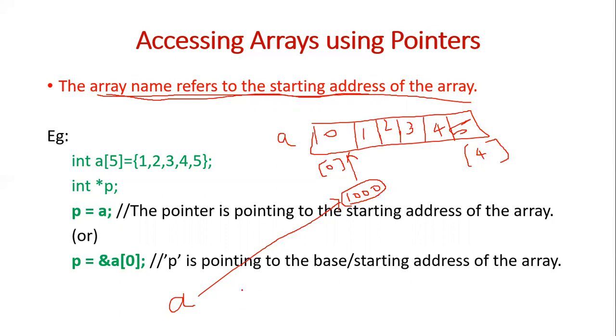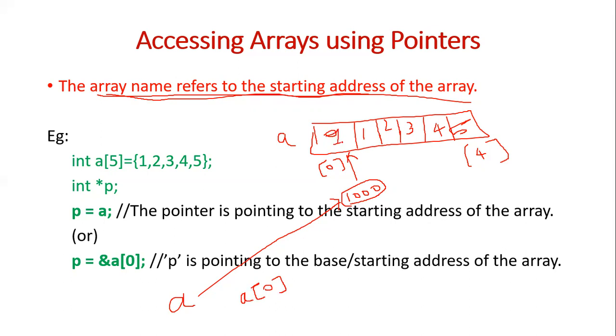The other way to access the starting address is that the starting address is nothing but the address of the first element. So what is the first element? The first element is A of 0. When you say A of 0, it refers to the value, sorry, I stored it wrongly.